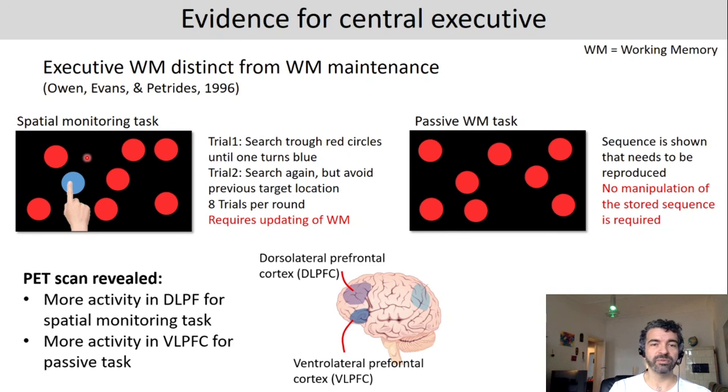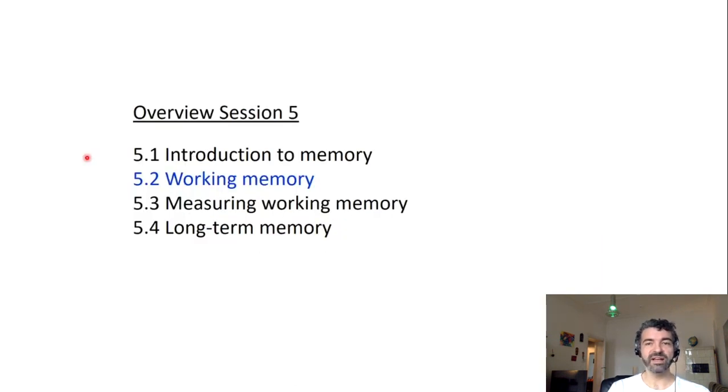So the dorsolateral prefrontal cortex was more active for the spatial monitoring task, and the VLPFC, the ventrolateral prefrontal cortex, was more active for the passive task. So distinct neural substrates for these two tasks indicate that indeed the central executive is a distinct module in working memory and distinct from other working memory systems. Alright, so we have learned what working memory is now, and in the next part of today's session we will learn how to measure working memory.